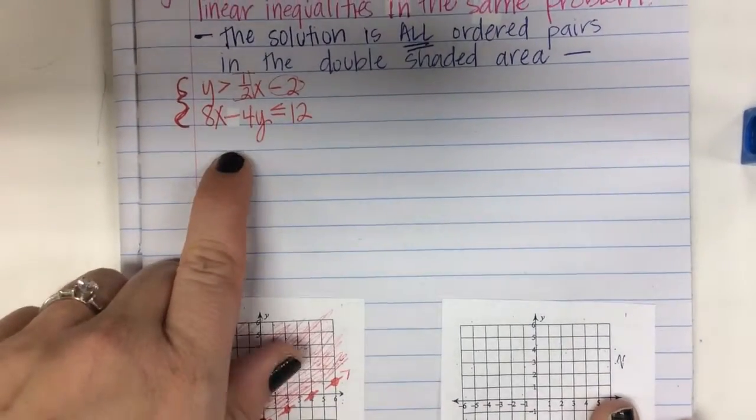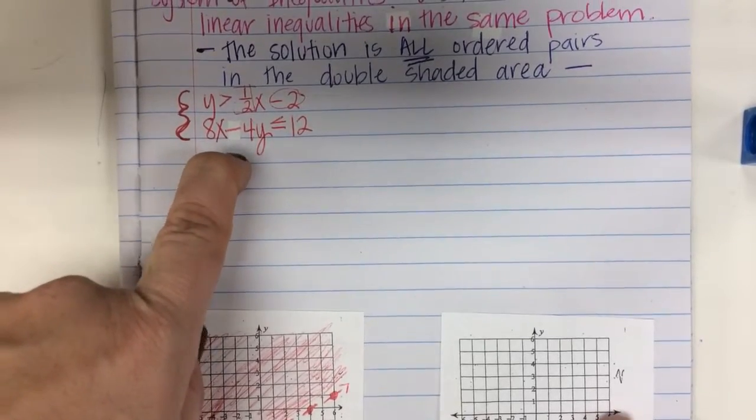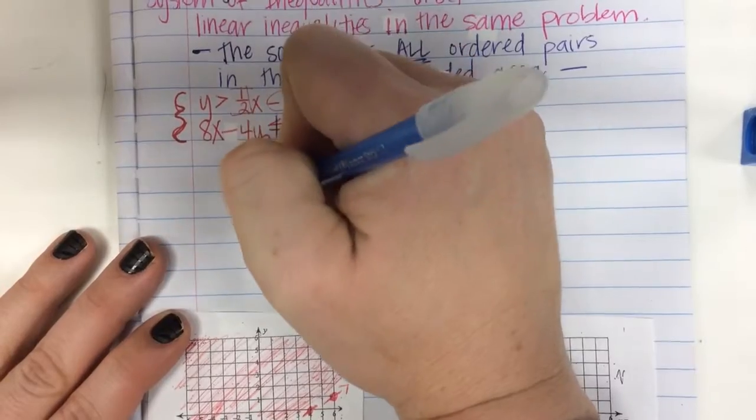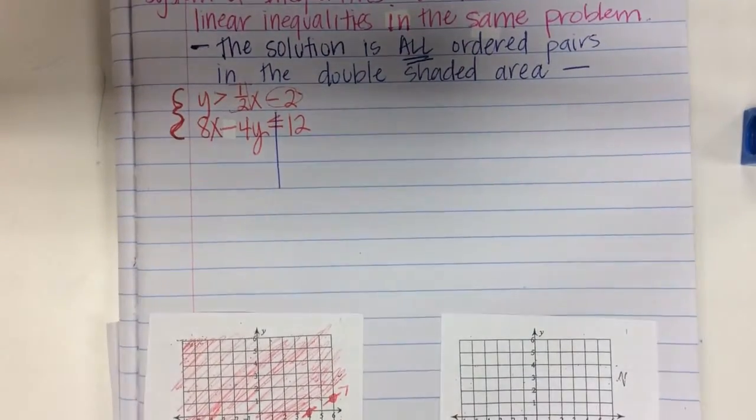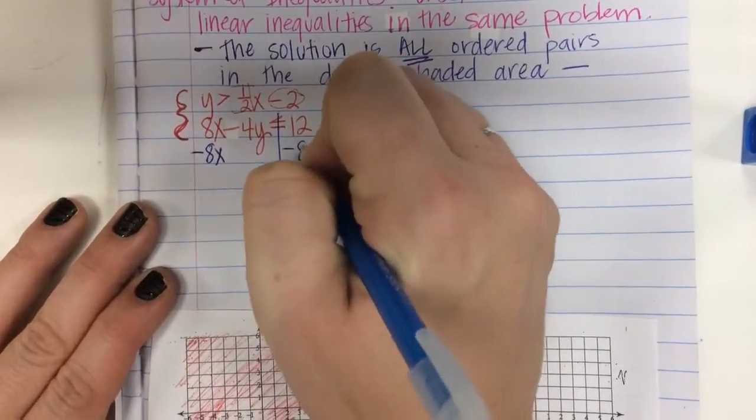Now this second inequality, can I graph it? No, but can I make it graphable? Yes. What do I do first? Sam? Minus 8x from both sides.